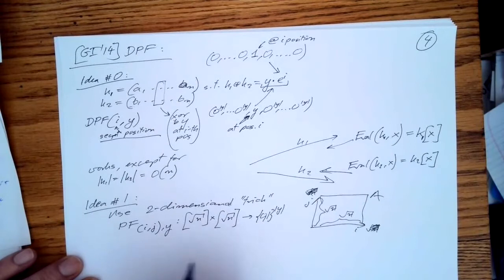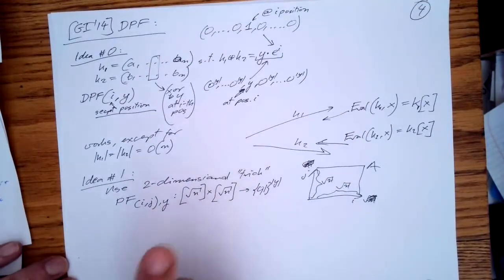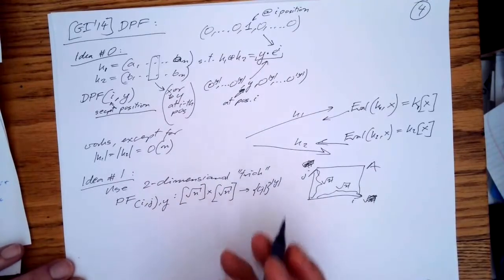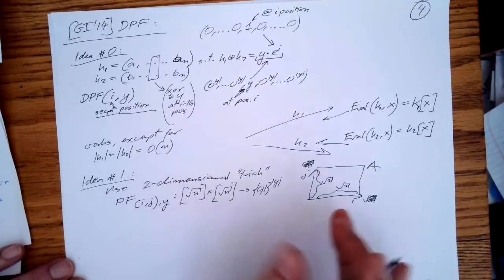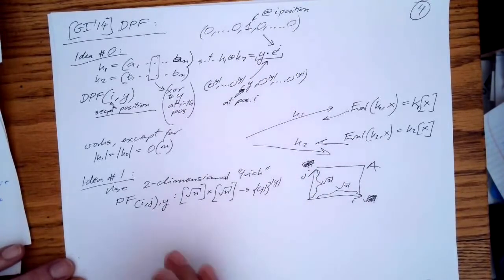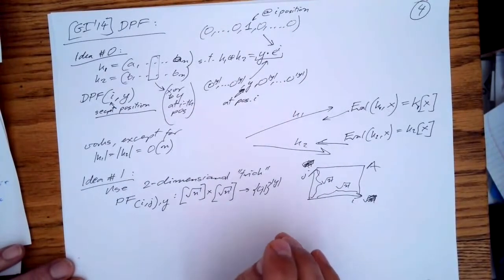Okay, so how did this help? Let's use exactly the two-dimensional solutions that were the basis for both computational and information theoretic two-server PIR.